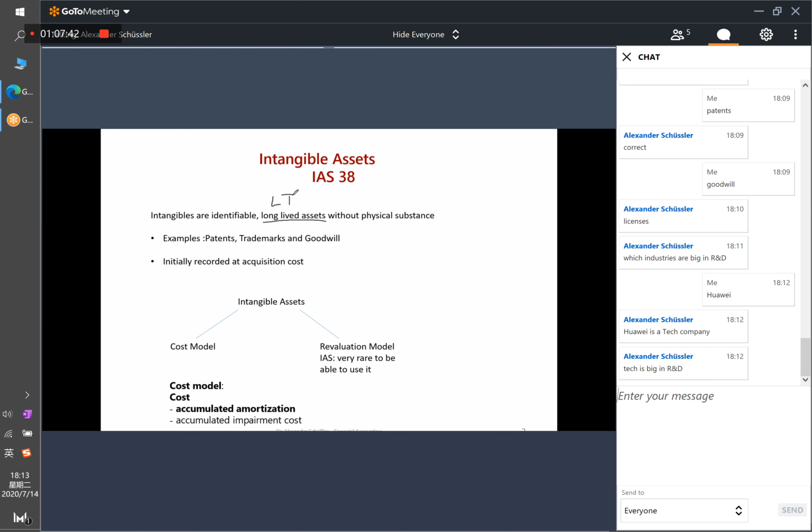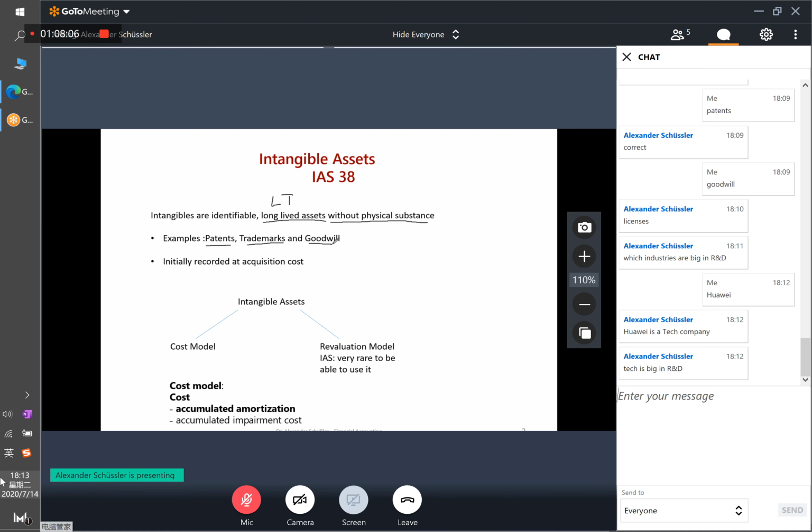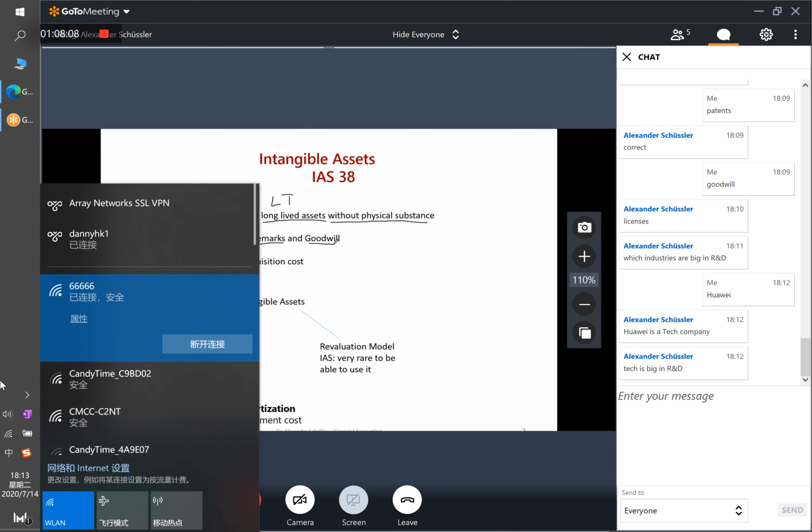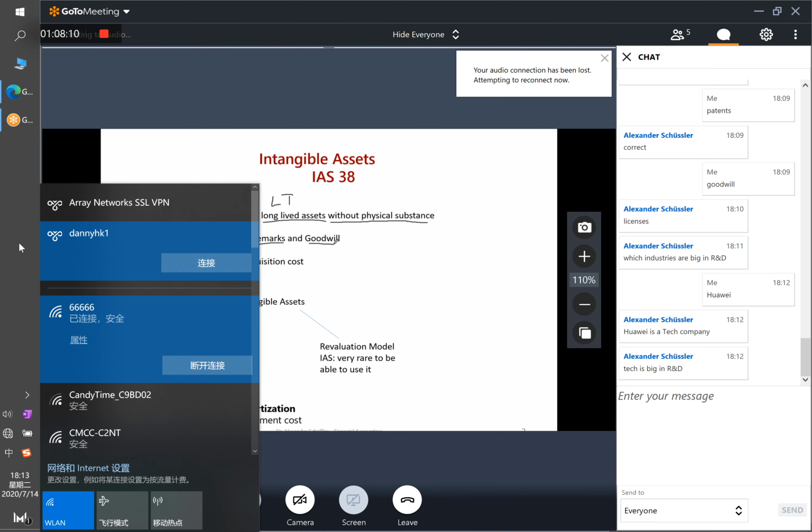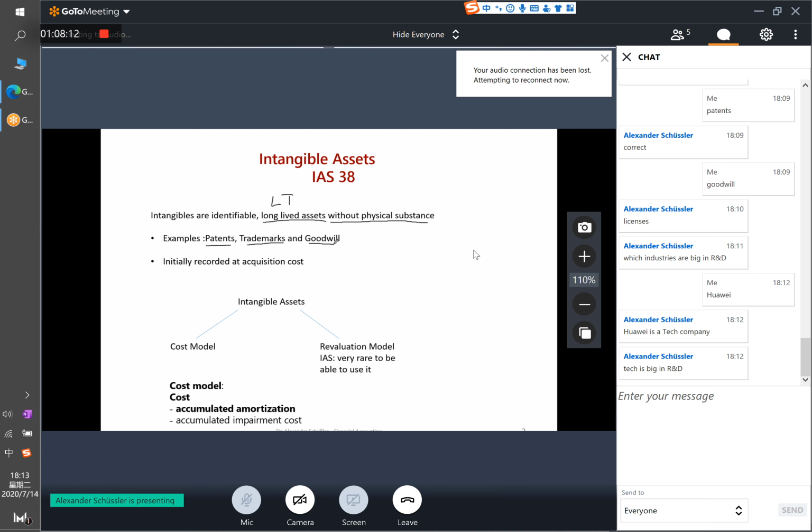But you cannot touch them. They are without physical substance. And examples are, as Liang has said, patents, trademarks, or goodwill. What is a trademark?